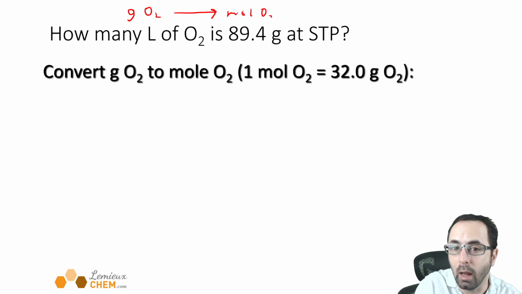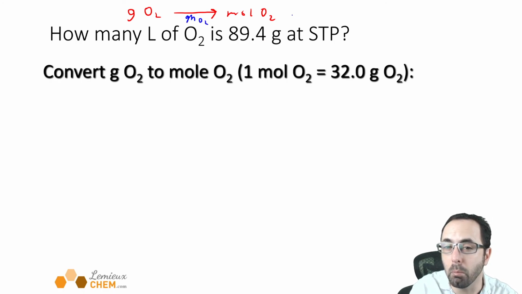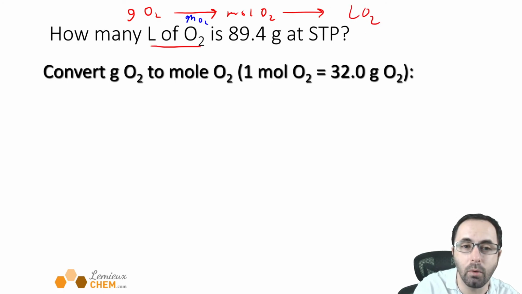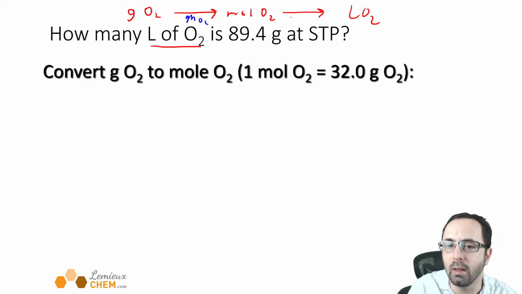And to go between grams and moles, we need the molar mass of O2. Then we're going to go from moles of O2 to liters of O2, and that's what we're asked for. For that, we're going to use the fact that 1 mole of a gas is 22.4 liters, and we can use that because we're at STP.